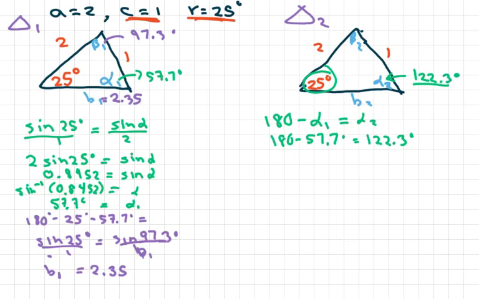And then we do the same thing here. We're going to find out what our beta 2 is. So beta 2 is going to be 180 minus your 25 minus your 122.3 degrees. And so your beta 2 is going to equal 32.7 degrees approximately.